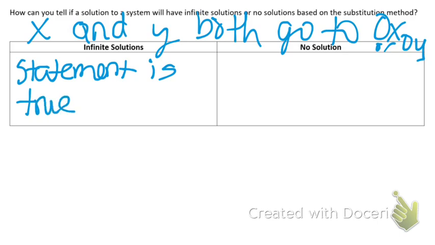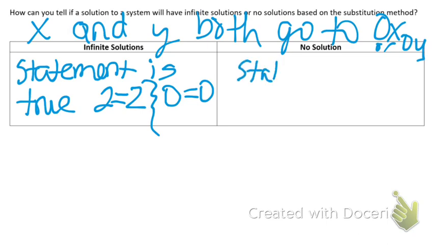So you'll end up with just values, something like 2 equals 2. Well, that's always true. It wouldn't matter what x or y is, and that means that it's going to have infinite solutions. You may get it down to 0 equals 0. It's still a true statement. So if it's true with no variables, it's infinite solutions.